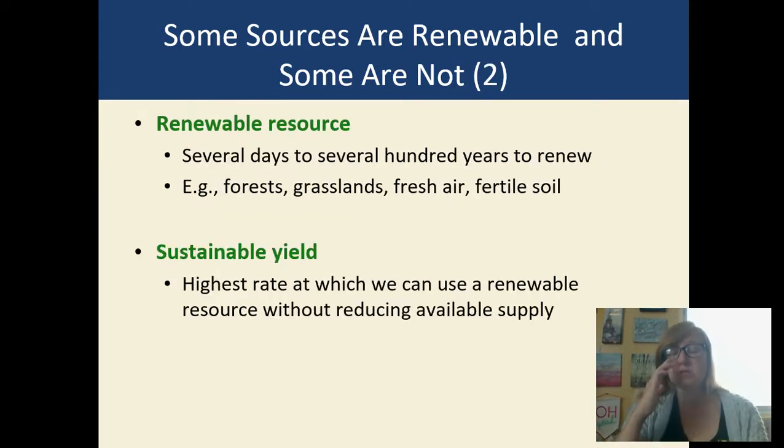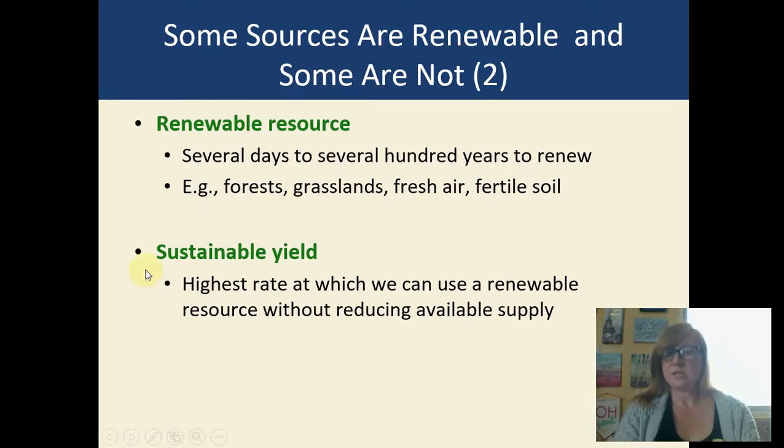Renewable resources can take from several days to several hundred years to renew. So that's our forests and grasslands, our air, fertile soil. After you farm, for example, the crops pull nutrients out of the soil, but the nutrients can come back if things decompose and we have bacteria and other plants that are working to renew that.